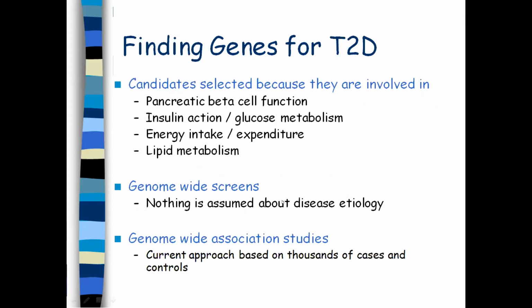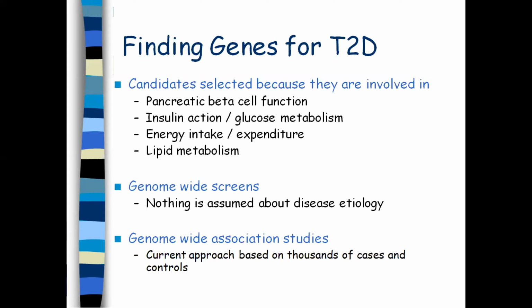So what are the candidate genes selected, and what are the genes involved in type 2 diabetes? These are selected because they are involved in pancreatic beta cell function, insulin action, energy intake, and lipid metabolism. So most of the time, those genes are related to the pancreatic beta cell and those genes which are mainly responsible for lipid metabolism.